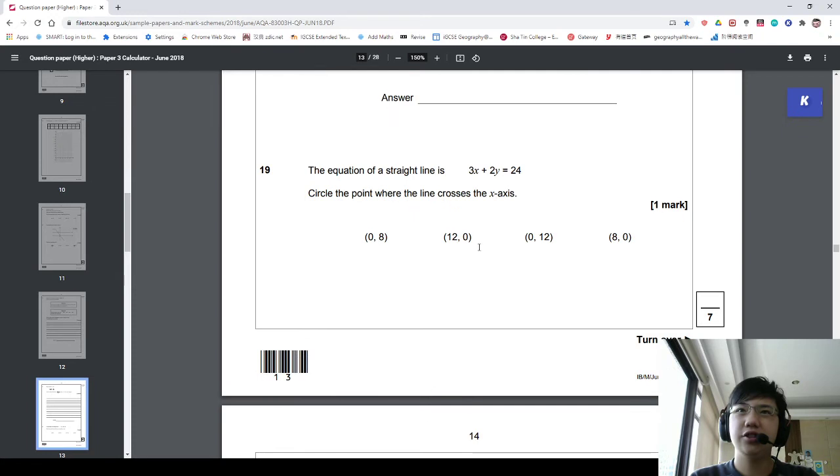Moving on to question 19, which is a multiple choice question. The equation of a straight line is 3x plus 2y equals 24, and we need to figure out at which point this equation passes through the x-axis.